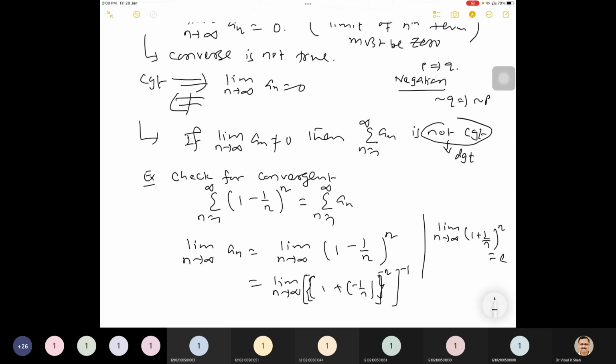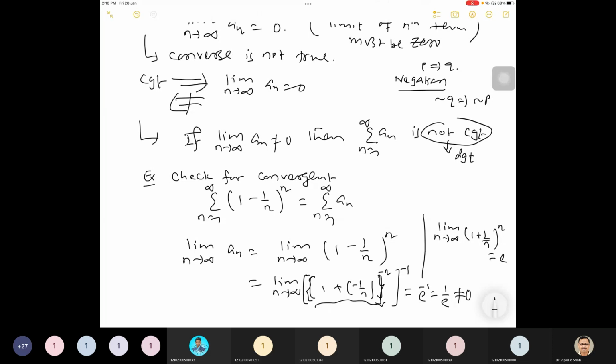Can I write in this way? Yes, sir. So what is the limit then? This limit becomes e power minus 1, 1 upon e. So this limit is not 0.